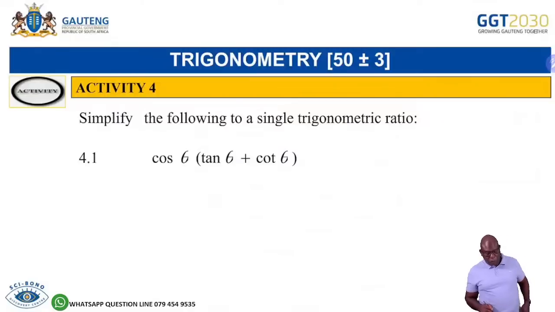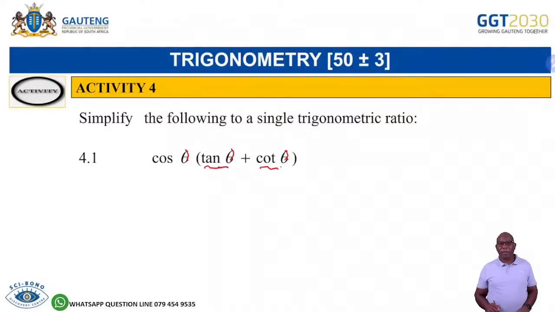Right, so this is theta, this is theta, this is theta. Now in this case they just say simplify into one single ratio. For me to simplify into a single ratio, I must know these two guys here, the tangent and the cot.